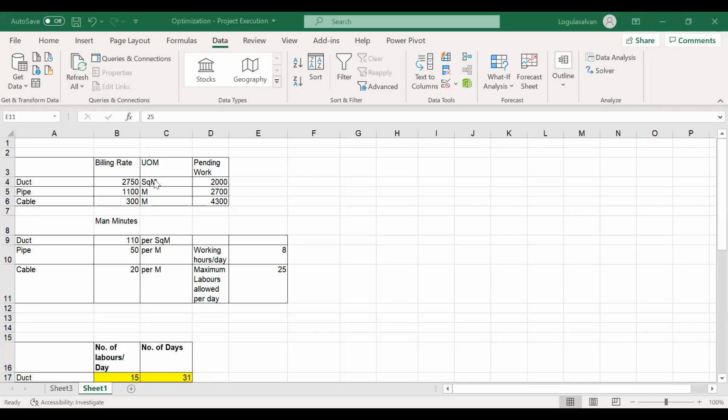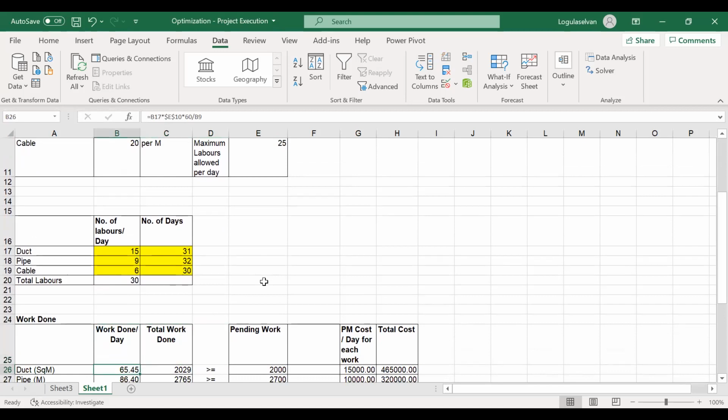We have captured the same data in Excel as of last video. Well, the billing rate is not required this time, but pending work is important to calculate the number of days as well as the project management cost. And then man minutes is important, working hours is important, the restriction of 25 labors per day is also important.